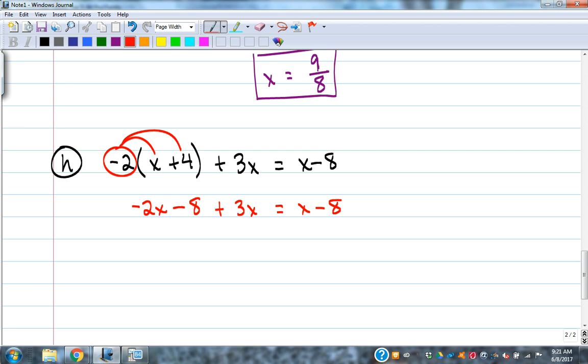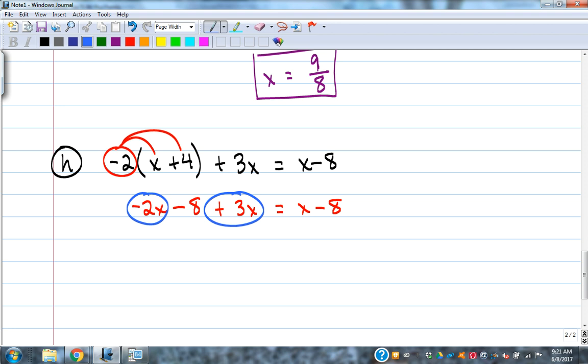Now, this is not an always kind of rule, but it is something that I try to do on every problem to make things easier for me. And that's combine like terms on the same side before I start moving stuff across. So here I have a -2x and a +3x.